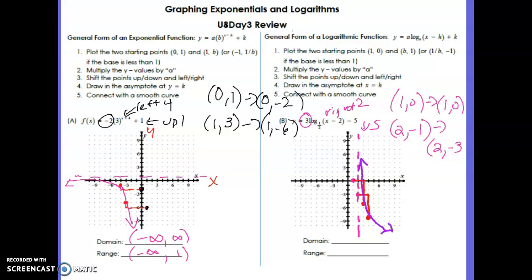And remember, these are reflections. Exponential functions and logarithms are inverses of each other, so they're reflected over the line y equals x. That's why the horizontal asymptotes change to vertical, and the graphs are essentially flipped over the line y equals x.